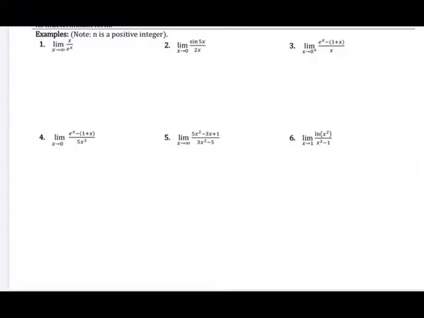You're going to say the limit as x approaches infinity of x equals infinity, which is also the limit of the denominator, as x approaches infinity of e to the x.